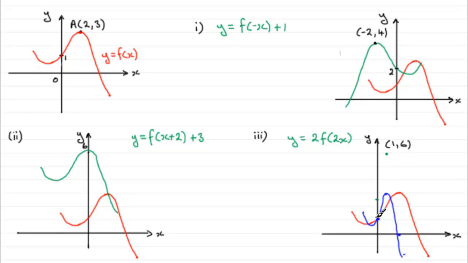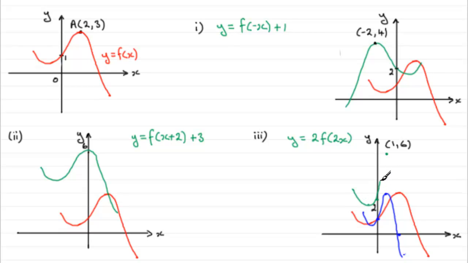This point here then, where it crosses the y-axis, is at 0, 2, and we've just now got to draw the graph in. So this point stays invariant, this point goes up by a scale factor of 2, so let's just say it's going to be about there. This dip here goes up by a scale factor of 2, so we'll say it's about there. So our graph is going to look something like this.